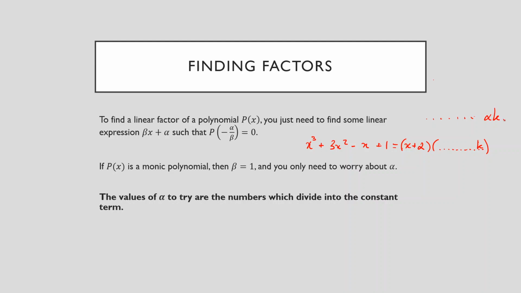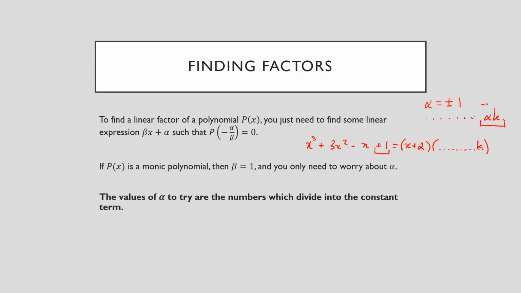When you equate coefficients, you know that this constant term must be equal to this constant term. What that tells you is that you've got some number, alpha times some other number, to get positive 1 in this case. So the only values of alpha that you need to check are the factors of positive 1, which in this case are positive or negative 1.